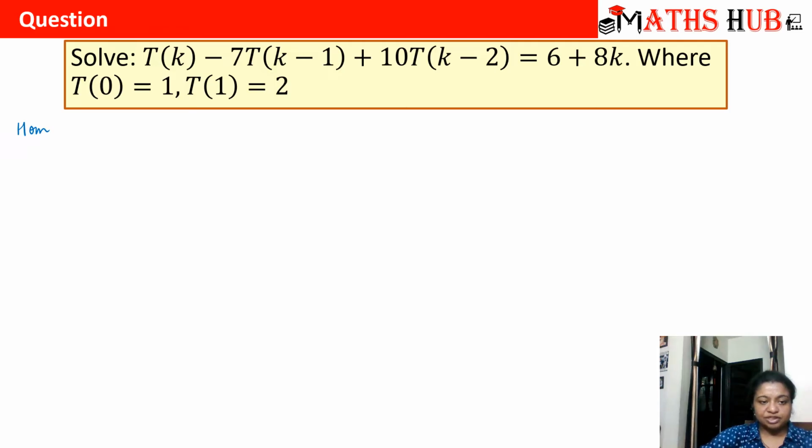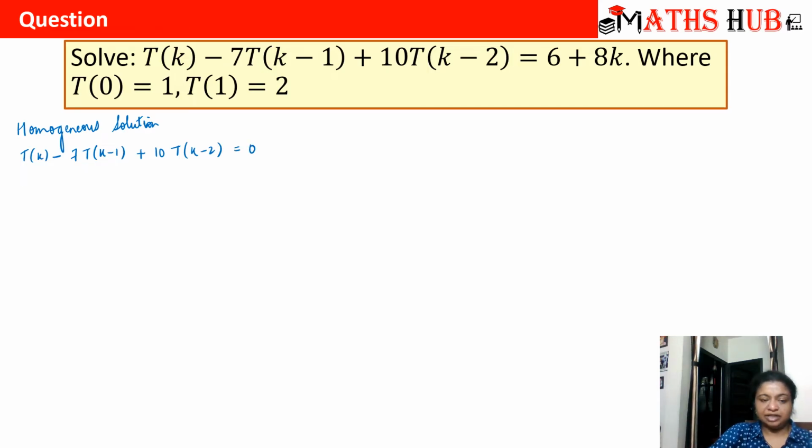For the homogeneous solution, we put the recurrence relation equal to 0. So we have t_k minus 7t_(k-1) plus 10t_(k-2) equal to 0.